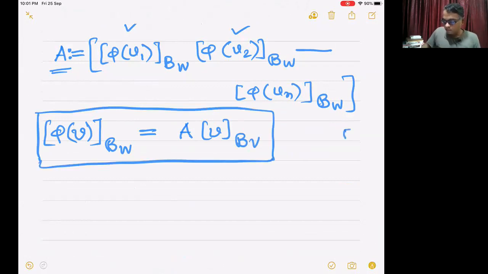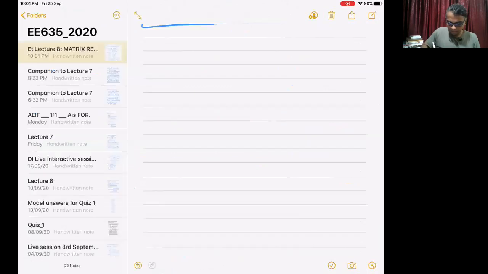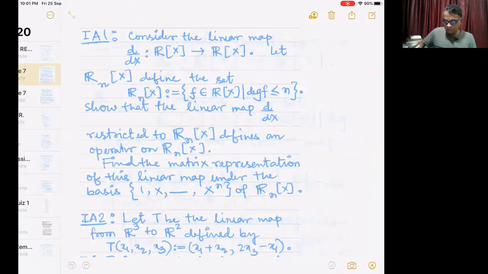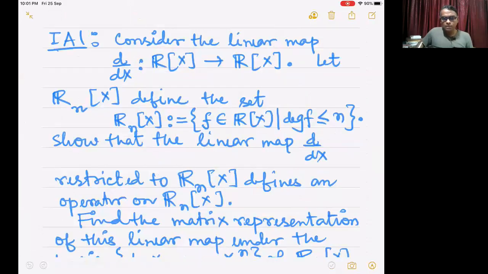You think about this, this is where we close the first module. But before you go to the second module, you have to solve these companion problems. Immediate attention problem. I'm asking you here to represent the derivative map within the space of polynomials of degree less than or equal to some number.